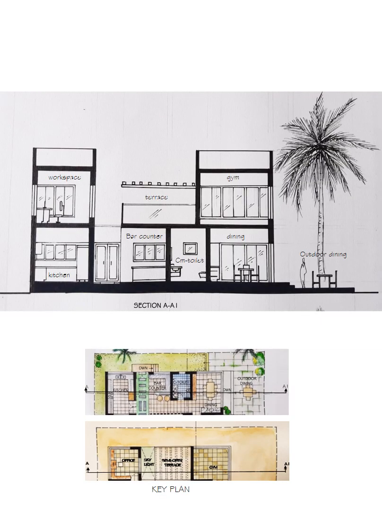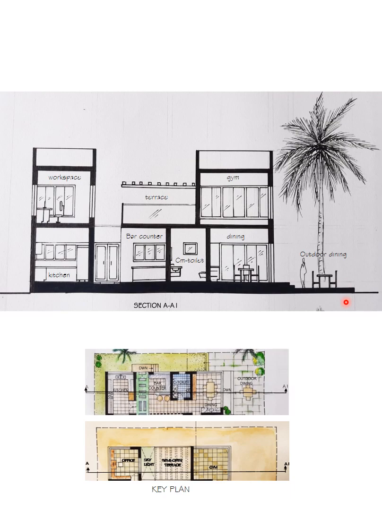Section A dash. So the section is taken over here. So we can see the elevated plinth, which is about 0.6 meter, and the kitchen, bar counter, and the toilet and dining are seen on the ground floor, and the outer dining space is also elevated about 0.3 meter.